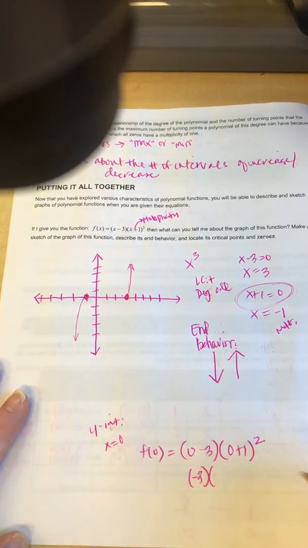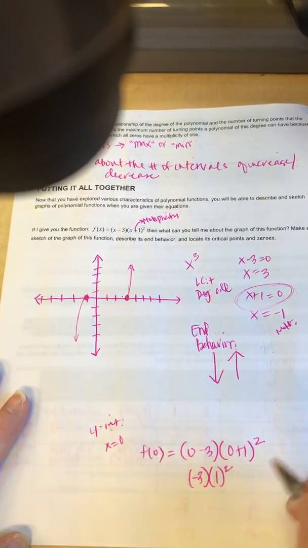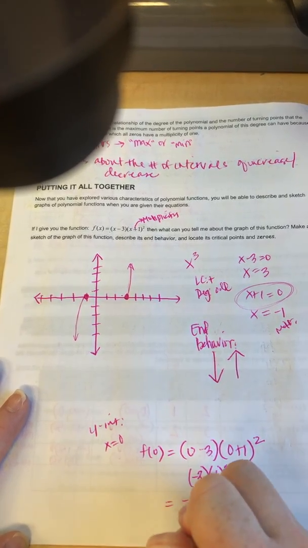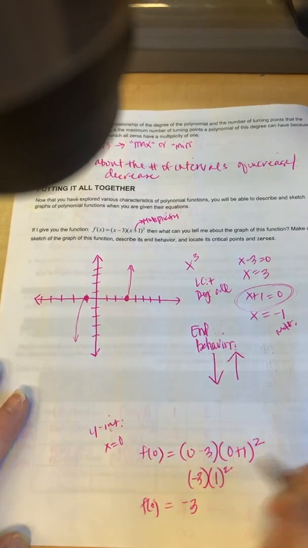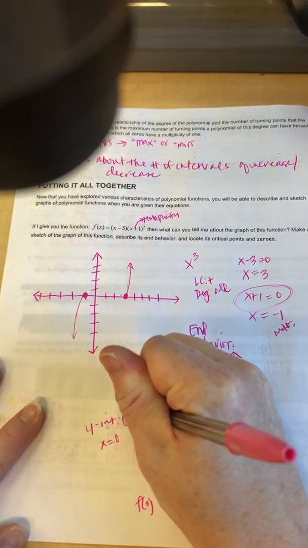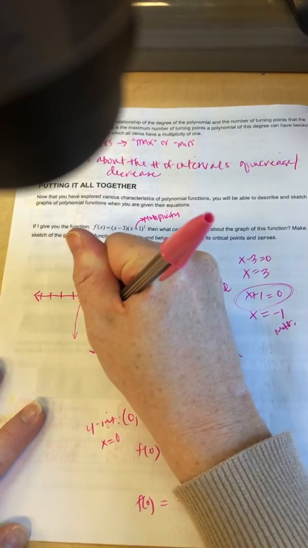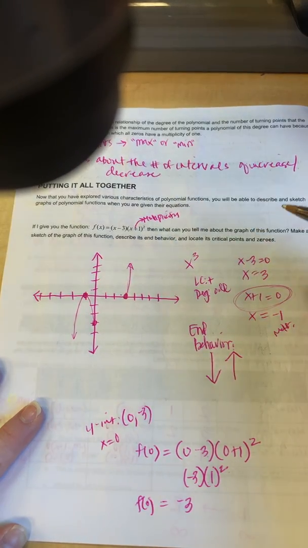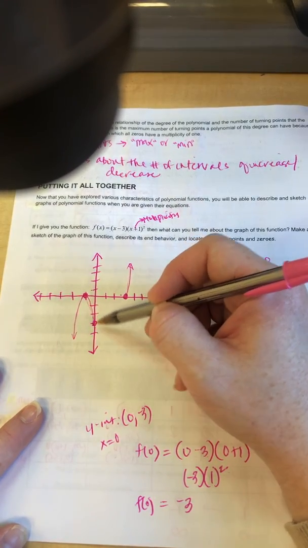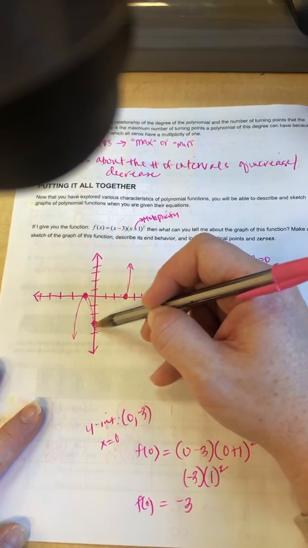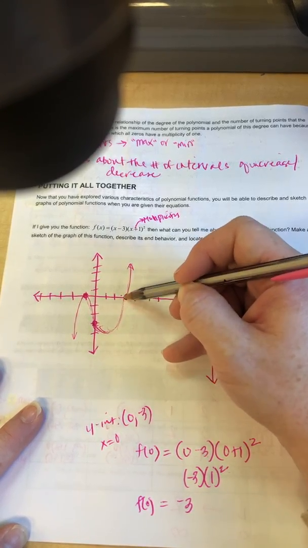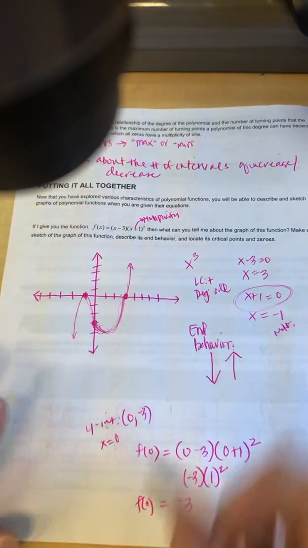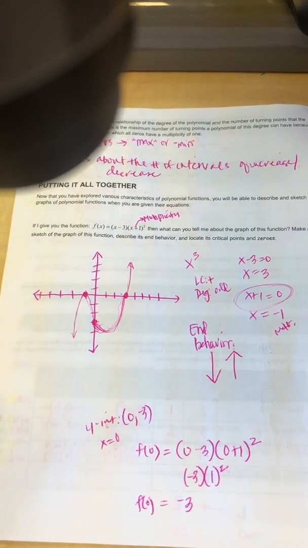And 0 plus 1? 1. What's 1 squared? 1. And 1 times negative 3 is negative 3. So my y-intercept is (0, negative 3). So it's going to hit here, and it's probably going to come back up this way somehow. Do I know for sure that that's what that part looks like without putting it in the calculator? No.